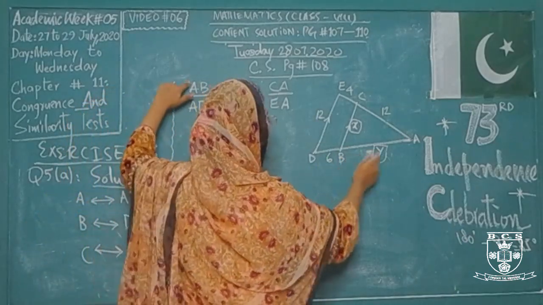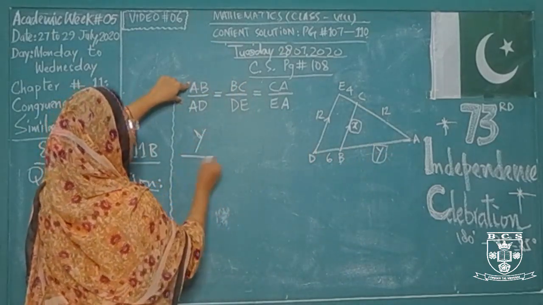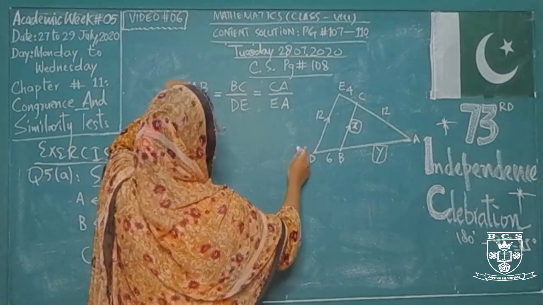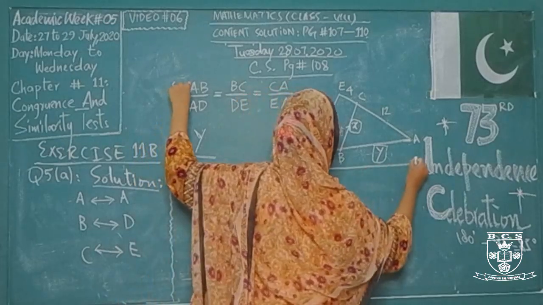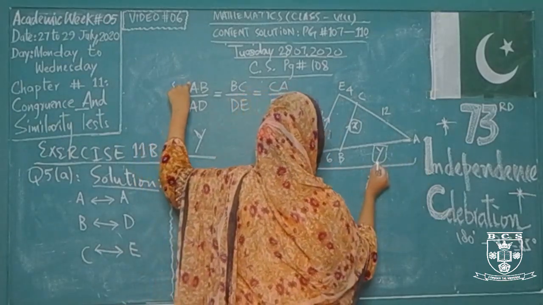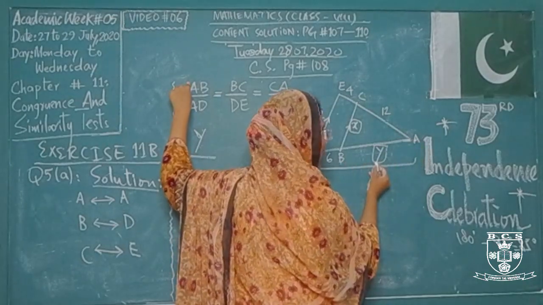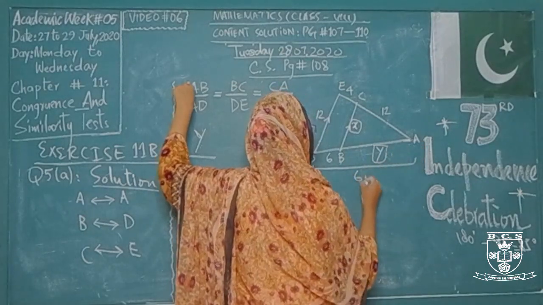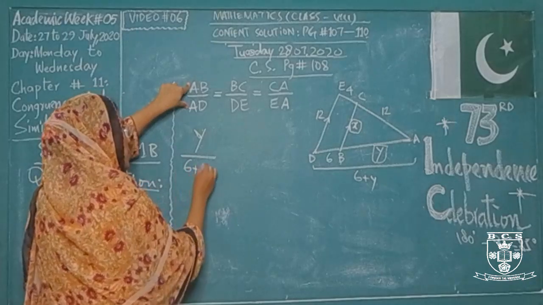So side AB is represented over here as Y. Side AD is the side from D to A. Here we are having the 2 different measurements. First one is 6, second one is Y. So from B to A the measurement is given as Y, and from D to A the measurement is represented as 6 plus Y. So AD is 6 plus Y.